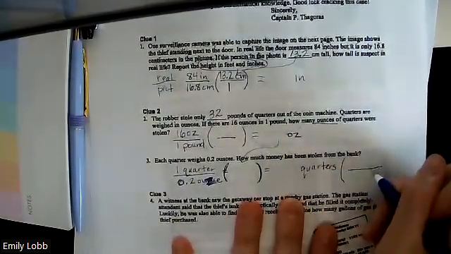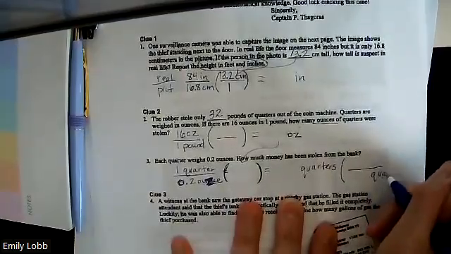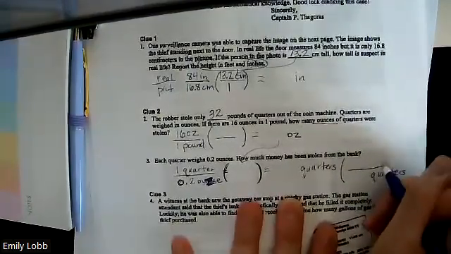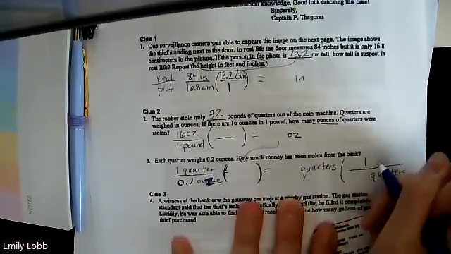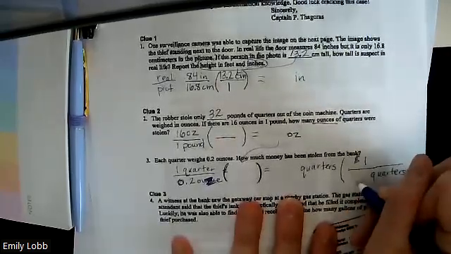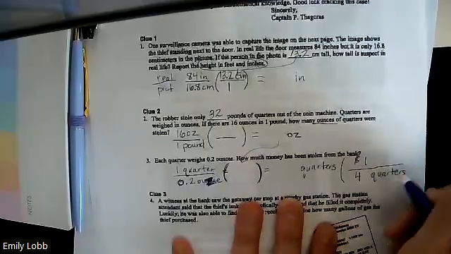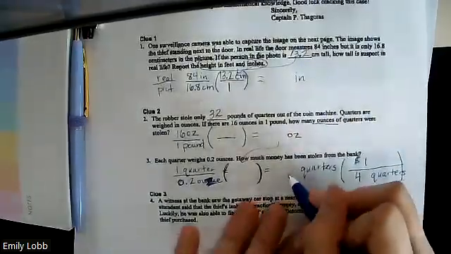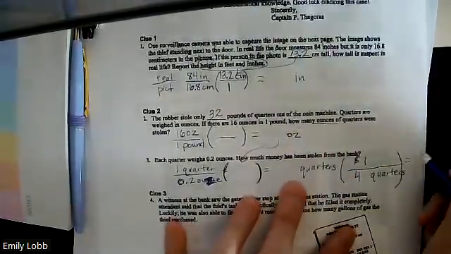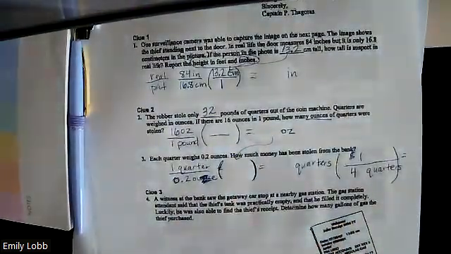So I have to divide by quarters, right? Isn't $1 per how many quarters? 4 quarters. So won't this come out with the amount of dollars I have? Yeah. Okay.